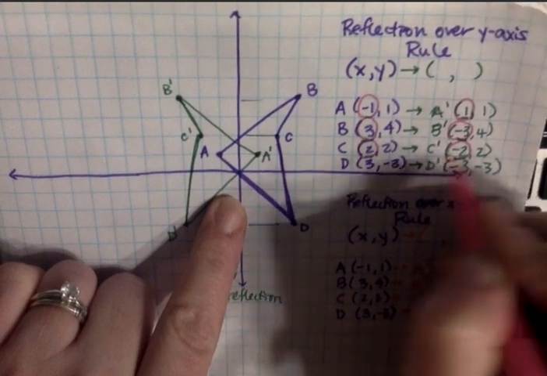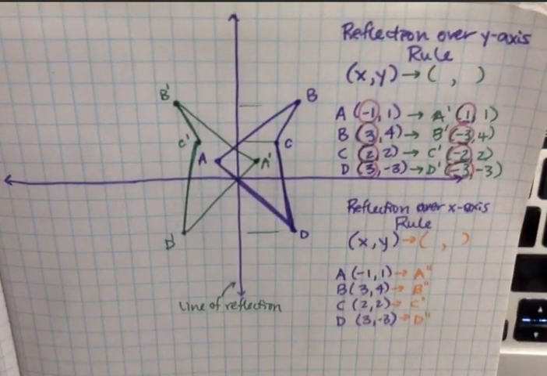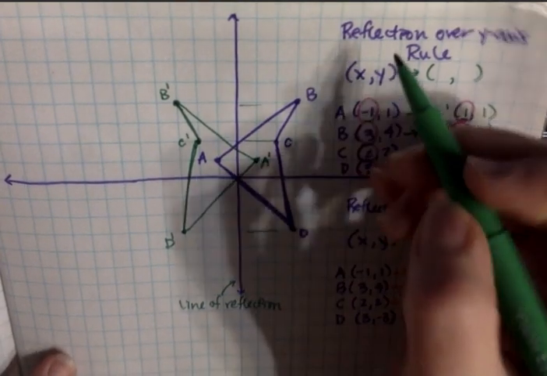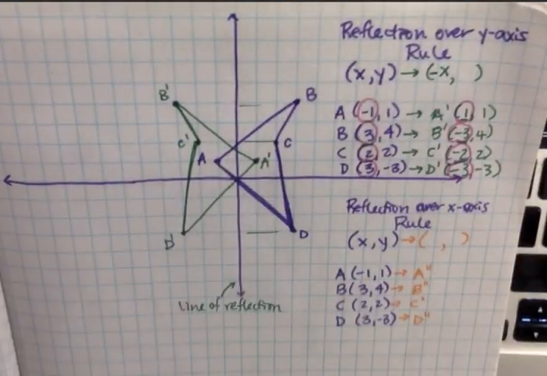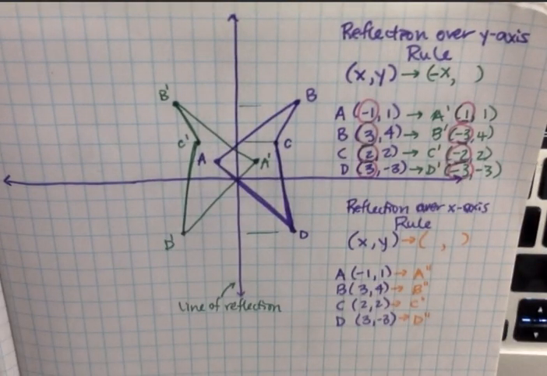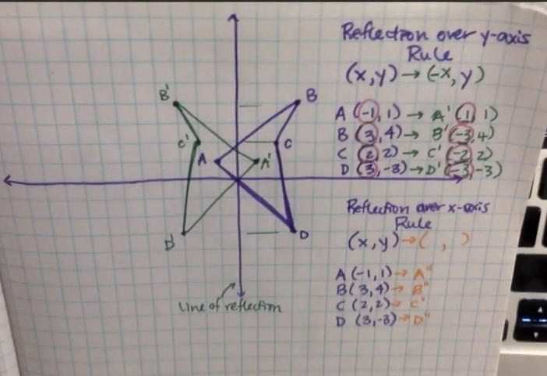So the y-axis turned all my x values into opposites. The y value stayed the same, but my x value became negative x. So I'm going to write a little rule.